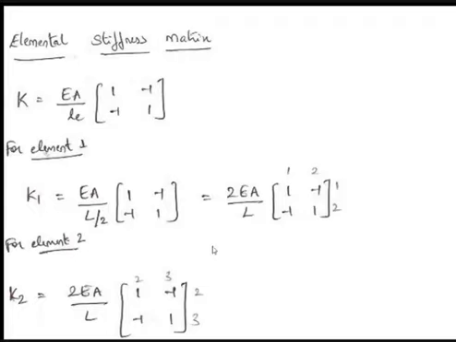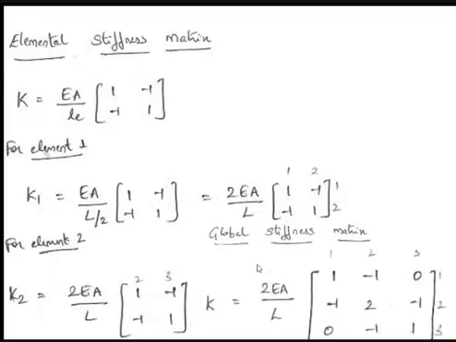I am supposed to find out the global stiffness matrix. So to find out the global stiffness matrix, I have how many nodes? Totally 3 nodes, right? 1 2 3 1 2 3. So first one will be 1 cross 1. Just find out the value of 1 cross 1. I have the value of 1.